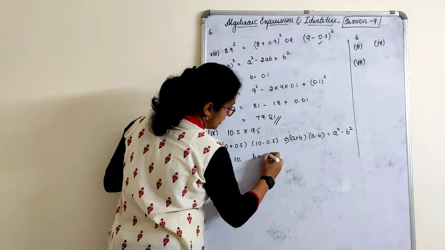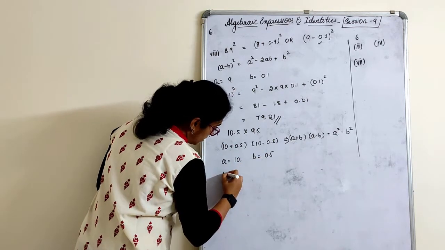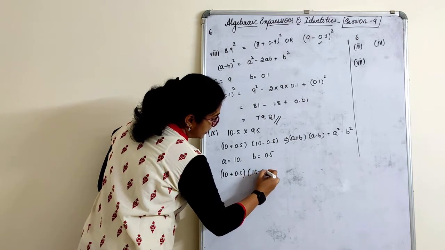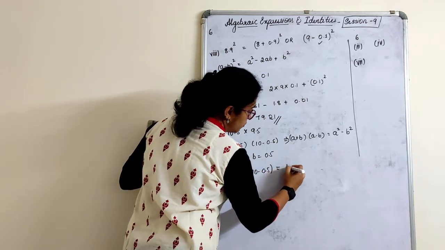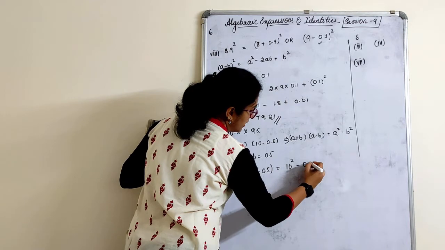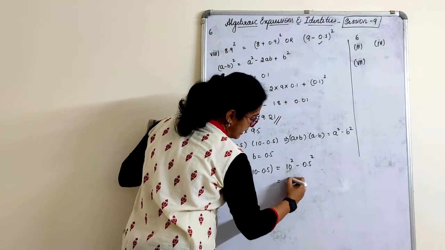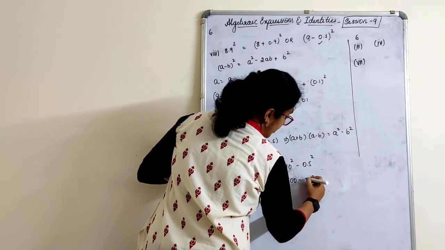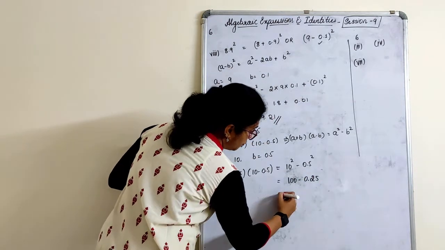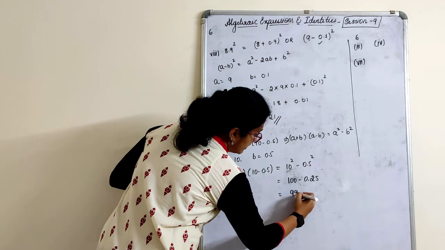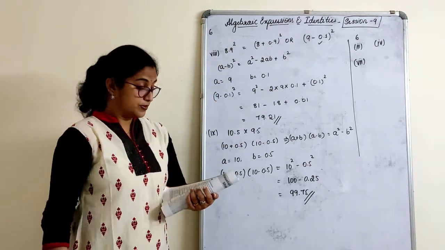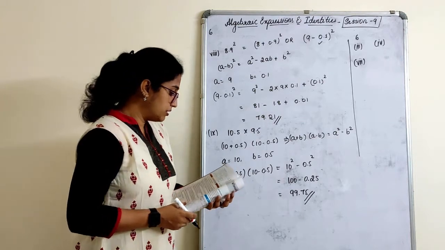What is your b? 0.5. So 10 plus 0.5 of 10 minus 0.5 is equal to 10 square minus 0.5 whole square. 10 tens is 100. 5 square 25 after 2 decimals, 0.25. 99.75 is the answer. Quickly, we'll move to the next main.